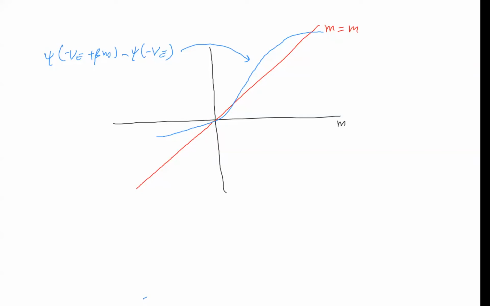So this is an equilibrium, equilibrium, equilibrium. Okay, so these are equilibria. And what it looks like is, so this one is stable. So this one looks like it's unstable.